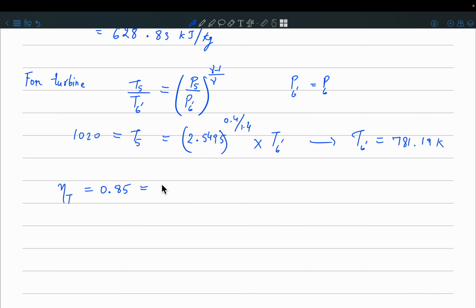So if I just plug into the equation, we remember how to define this: (T5 minus T6) divided by (T5 minus T6 prime). This basically gives us that T6 is equal to 817 Kelvin. So that is one of our answers.